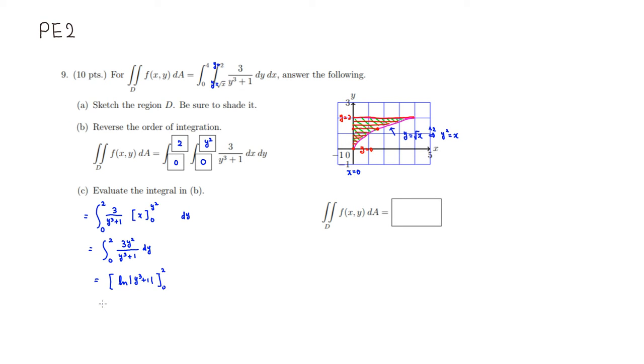If you plug in 2, you get the natural log of 2 cubed, so 8 plus 1, so the natural log of 9 minus the natural log of 1. But the natural log of 1 is 0, so we get the natural log of 9. That's why we have the natural log of 9 as the answer.